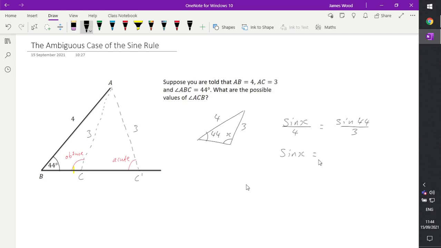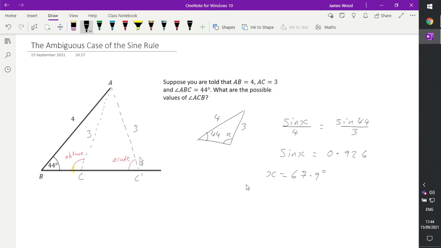So that would then give me, I'm just going to work this out as a decimal, sine 44 over 3 times 4. So 0.926. So then I could do inverse sine of that. And I get 67.9 degrees. Okay, 67.9 degrees, so that's an acute angle.